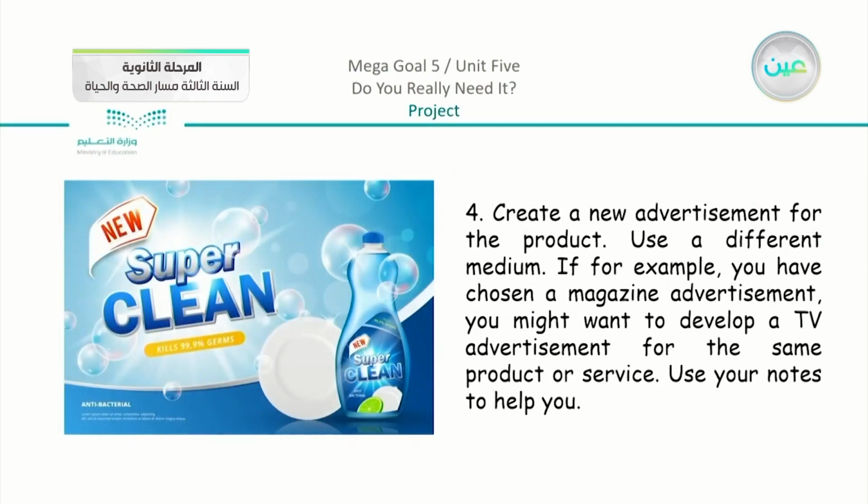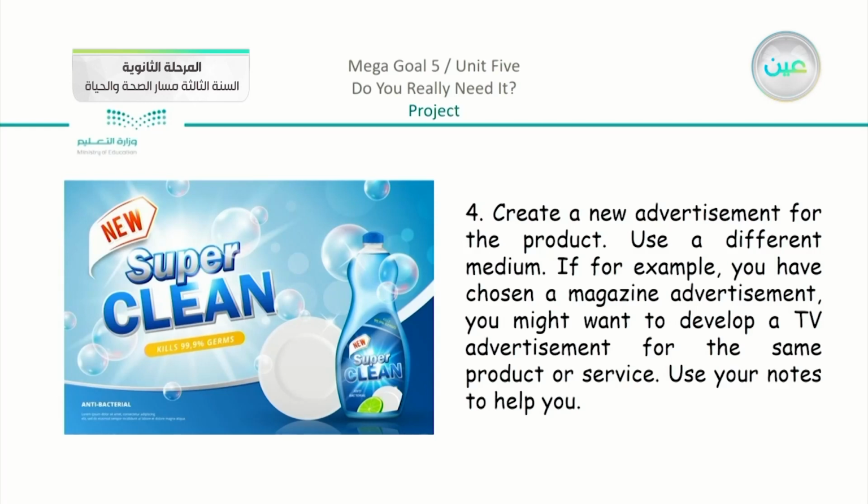We have here number 4. Create a new advertisement for the product. So as we mentioned, we are going to create a new advertisement. Use a different medium. If, for example, you have chosen a magazine advertisement, you might want to develop a TV advertisement for the same product or service. Use your notes to help you.